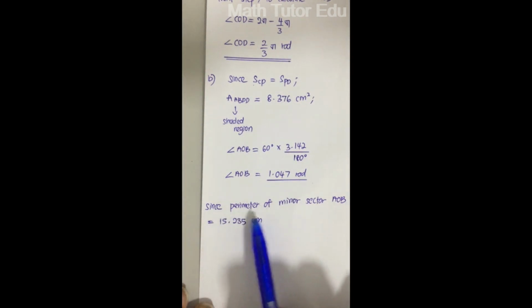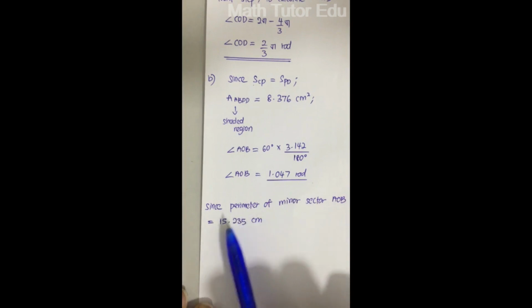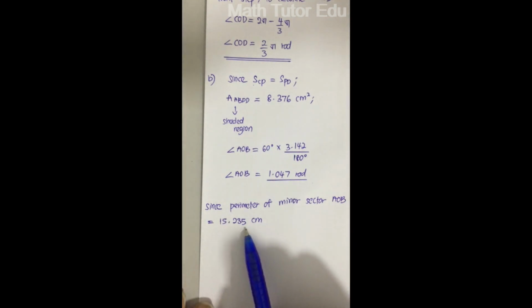By using the perimeter of the minor sector information, guys. The perimeter of the minor sector is length AO plus length OB, and then plus the length of the arc AB. That's how you get 15.235 centimeter. And they already gave us in the question that the radius of the circle, which is the bigger radius value, in this case is h.